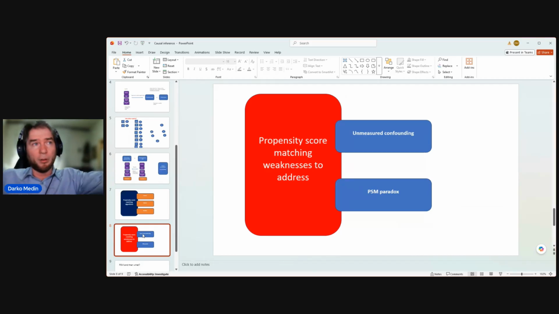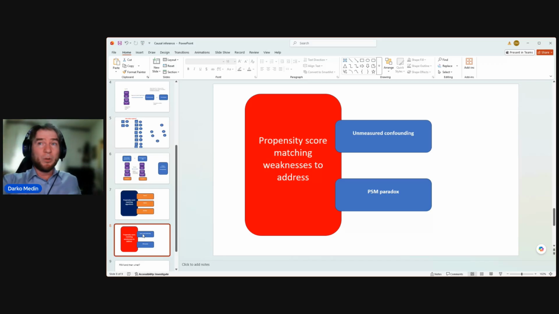There are many other problems we can discuss, and you could discuss various other problems from different angles, but these are the top of the list, if I may use that term. The two problems have to do with the fact that I mentioned before: we can correct only for the measured confounding. But what happens with unmeasured? We don't correct for it using propensity score matching, which means it's a problem, right?